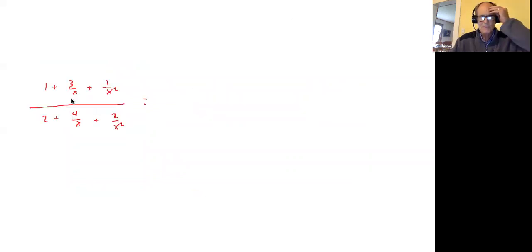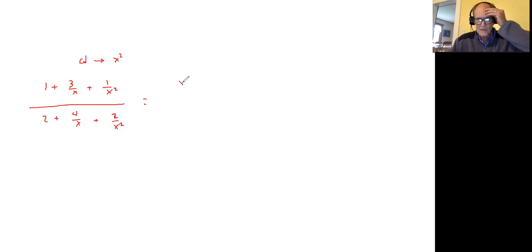If we work this the elementary way, where we'd have to get a single fraction on top and a single fraction on the bottom, which we could do, we soon see that our common denominator is x squared. That's our common denominator.